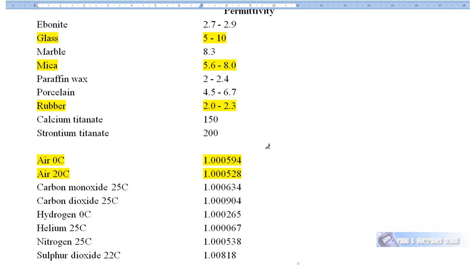All you need to remember is that the capacitance of a capacitor is directly proportional to the permittivity of the dielectric. It's also directly proportional to the area of the plates and inversely proportional to the distance between the plates.